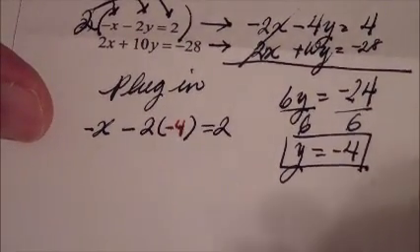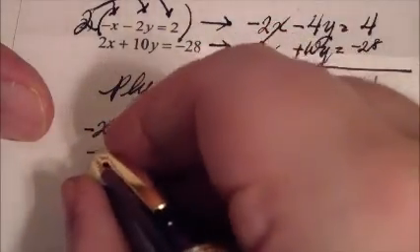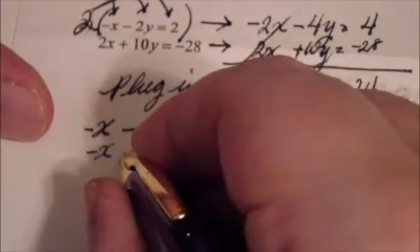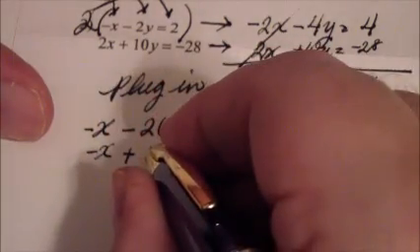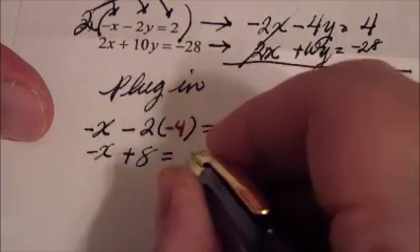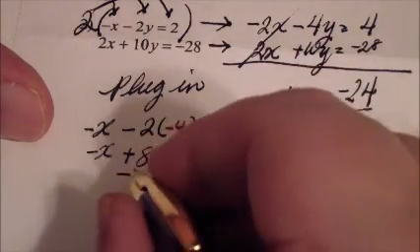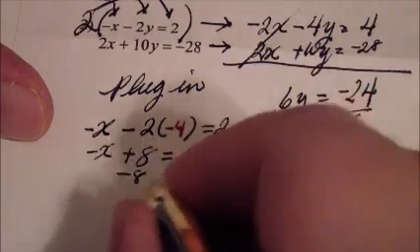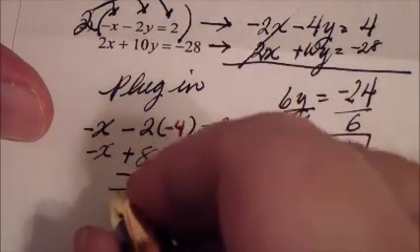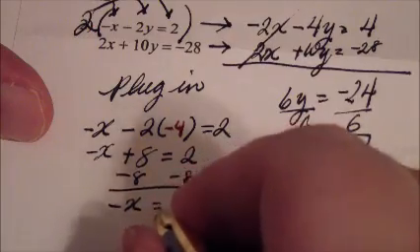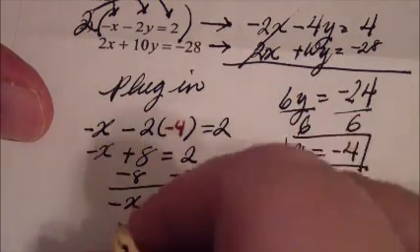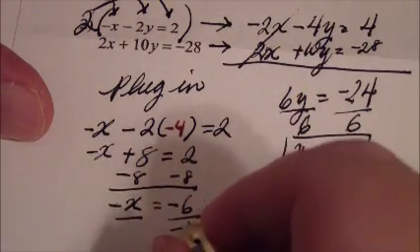Okay, we want to distribute. Negative times negative is positive. We still have our negative x, and this is going to be 2 times 4 is 8. 2 on the outside. Get x by itself, subtract both sides by 8. We're going to be left with negative x is equal to negative 6. Divide both sides by negative 1.